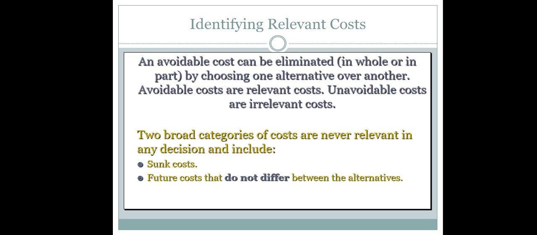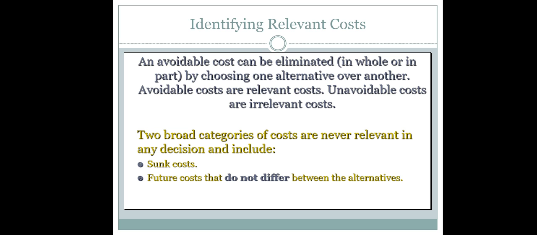Avoidable cost is a relevant cost. Or in another way, we can say that a relevant cost is a cost that will change when we choose one alternative and let go of another alternative.